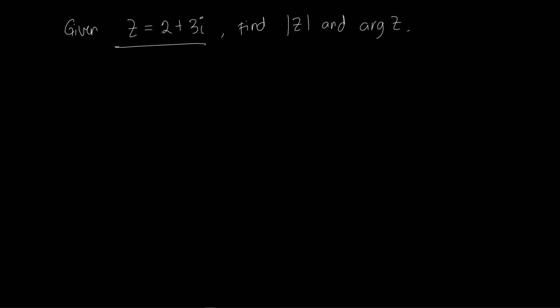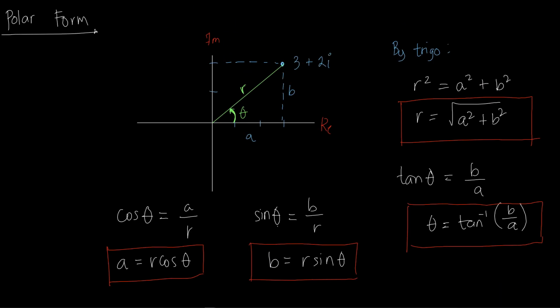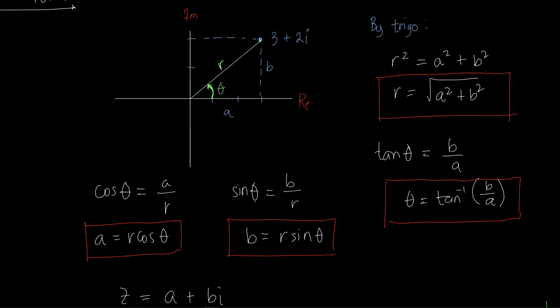Since we have the rectangular form, the modulus or magnitude of our complex number z is in polar form. So we first need to convert 2 plus 3i from rectangular into polar form.